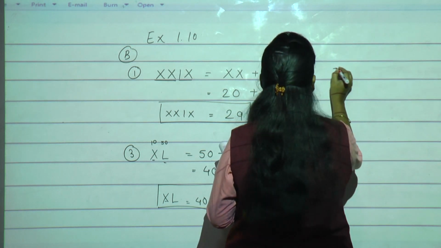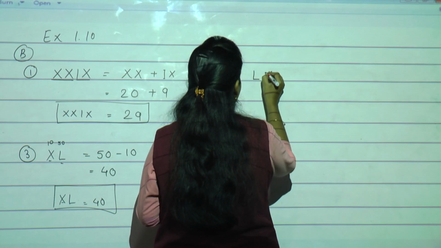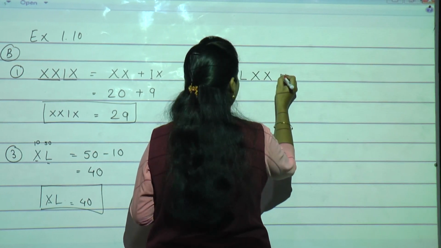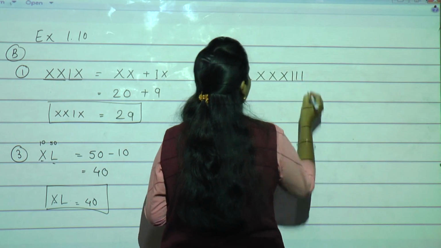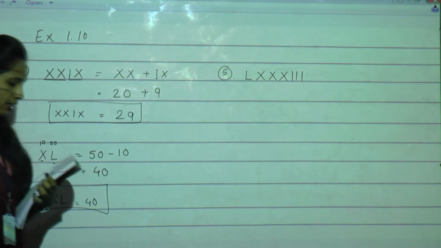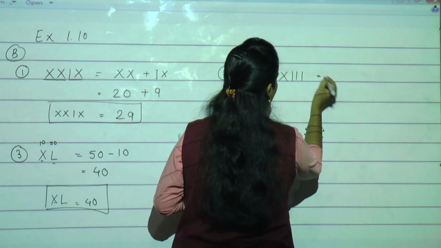Now I will take the fifth one for you. What is the fifth one they have given? L, triple X and triple I. See, very big question, huh? But don't worry, we will expand this Roman number.